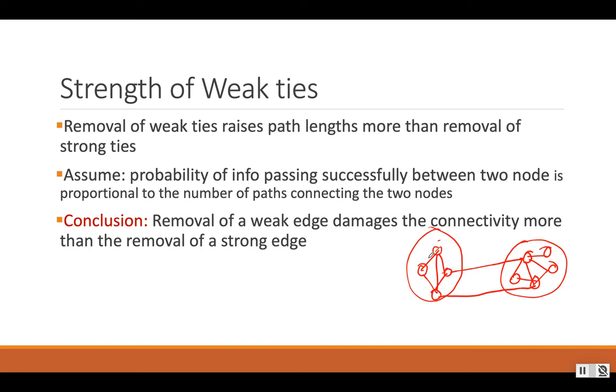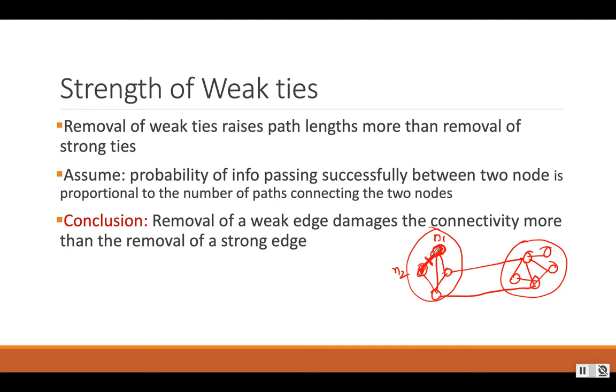So what it means, if we remove a strong tie like that, still the node, this guy and this guy, let's name them n1 and n2.